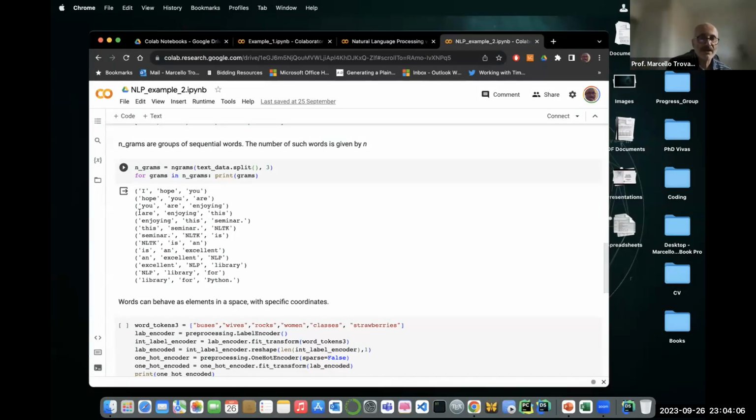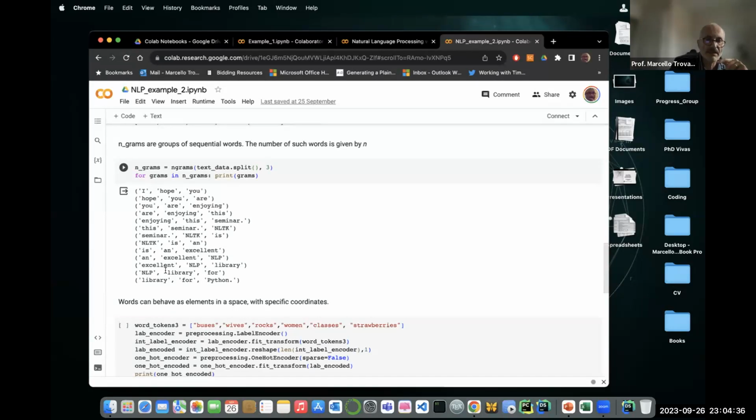These n-grams, especially when collected over large quantities of data, can help us with the prediction of what to expect. For example, NLP library, okay, that's even better.